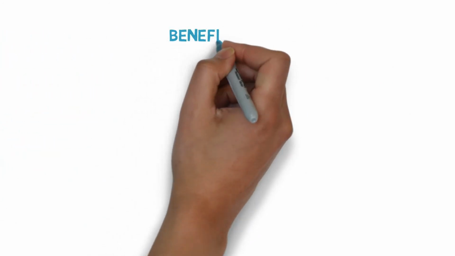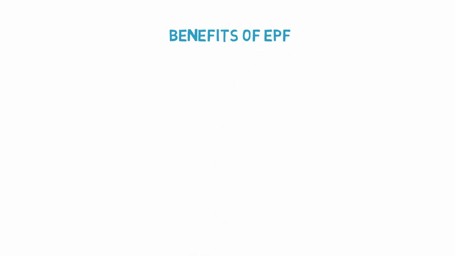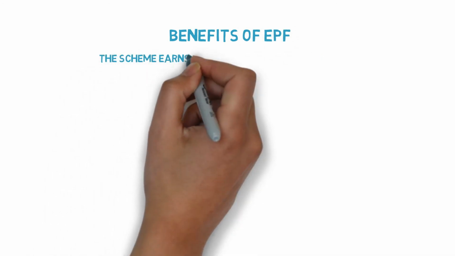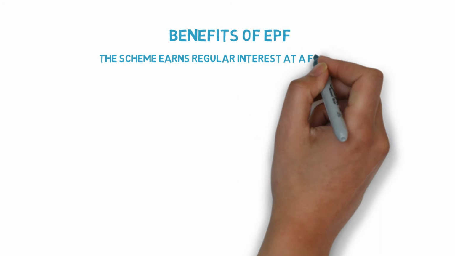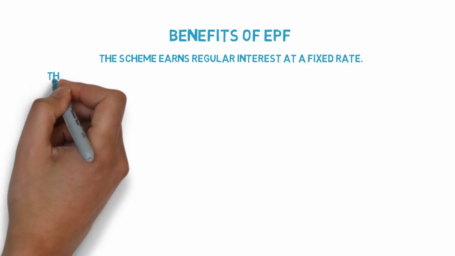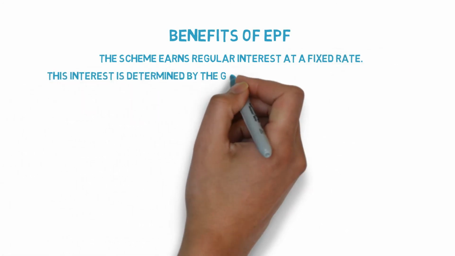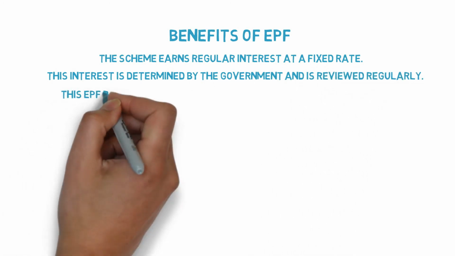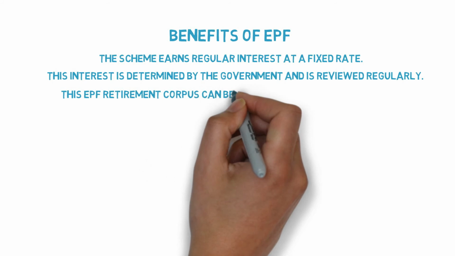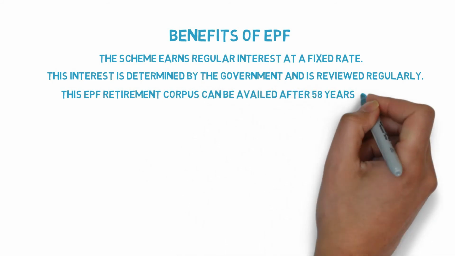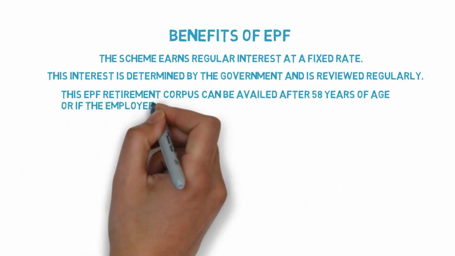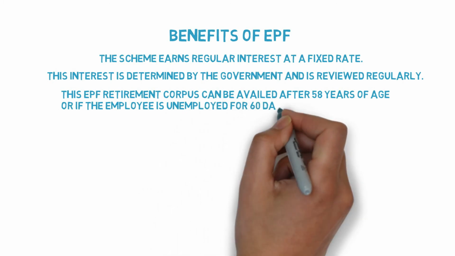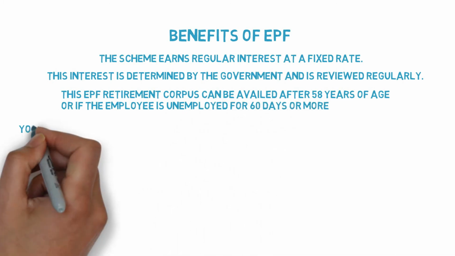Benefits of EPF includes addition of regular interest at a fixed rate. The interest rate is regulated by the government and is revised regularly. Employees can avail this money during their pension age, mostly after 58 years of age, or they can also avail it if they are unemployed for 2 or more months.